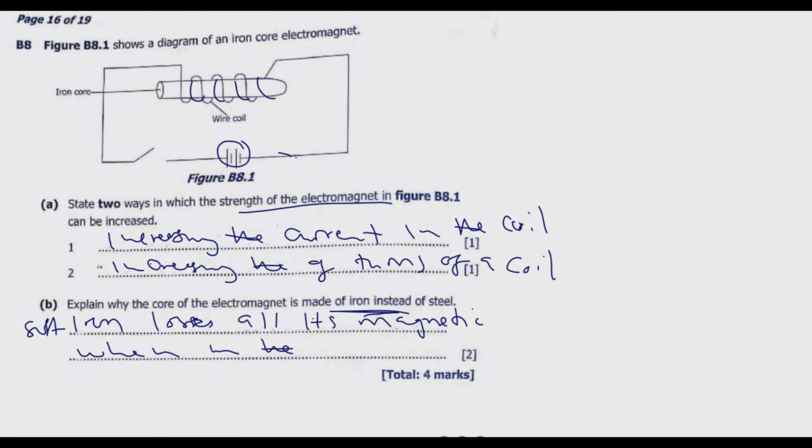The steel will maintain its magnetism, and steels are used to make a permanent magnet. So that's the reason why we have to go with the soft iron instead of steel. So basically this is how you get these 4 marks as quick as possible.